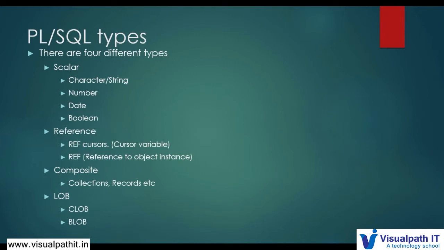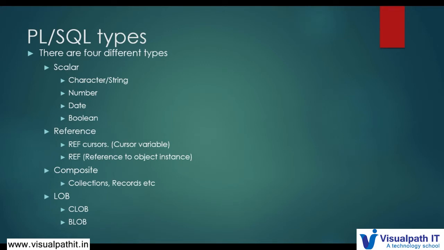Okay, now we'll see the PL SQL types. What are the PL SQL types? Categorically, there are four types of PL SQL types. One is scalar. Second is reference, which is like ref cursor or cursor variable.